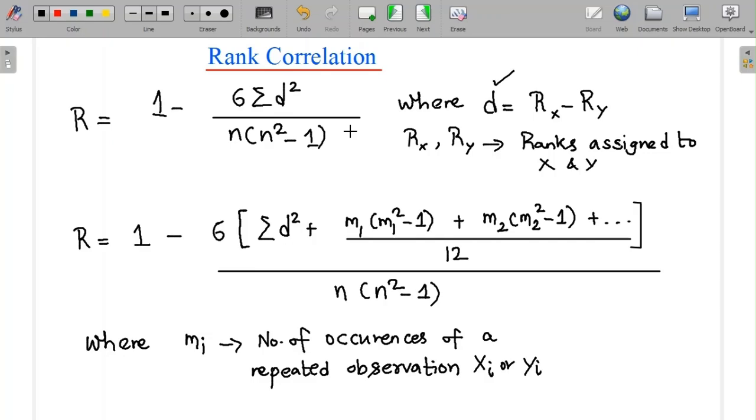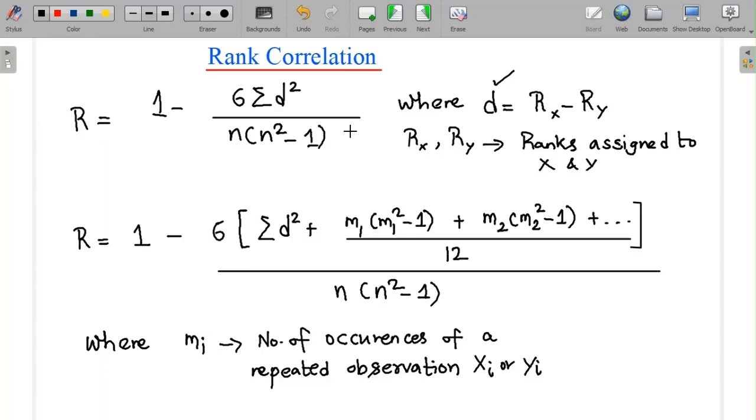However, if there are a few observations which repeat in the data set of X or the data set of Y, we assign the ranks by averaging them. For example, there are two observations which are the same. Let's say there is a 20 and there is a 20 again. The corresponding ranks are assigned by averaging them.